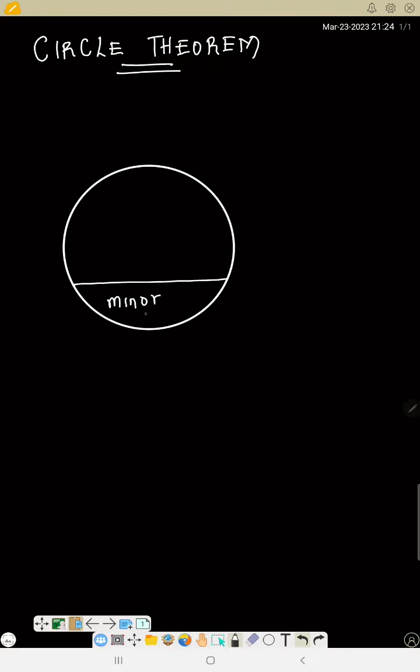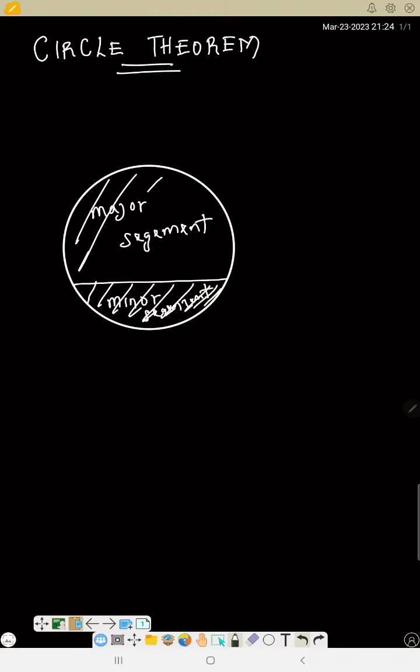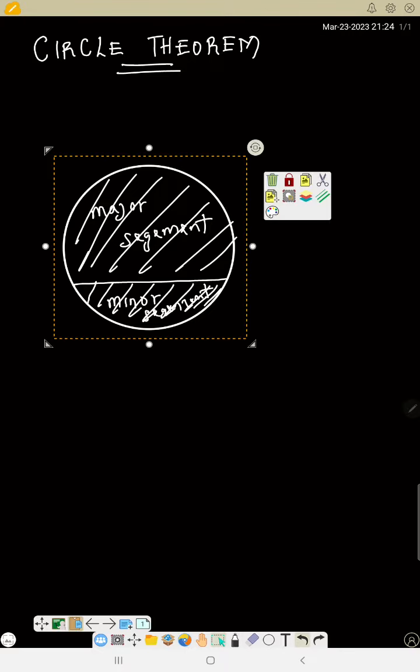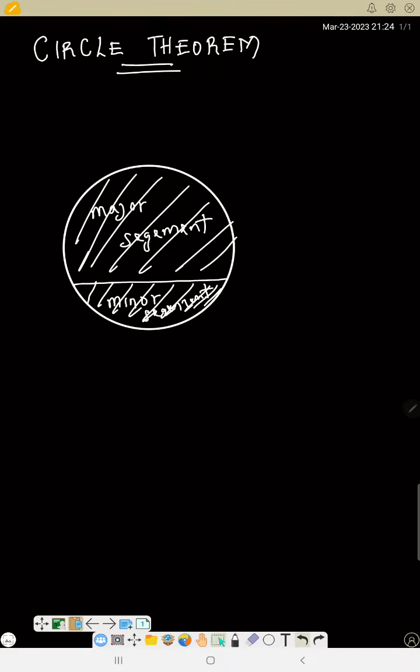Minor means small, so small segment. While this one is major, meaning big segment. Look at this. This is the minor segment, while this other one is major, the big one. So you have two segments there. Take note, minor and major. I will be showing you everything when we have questions.